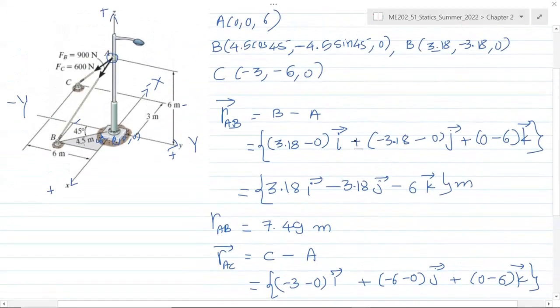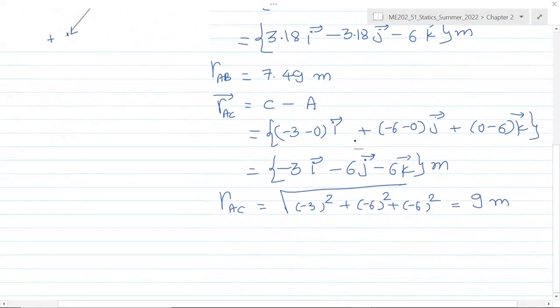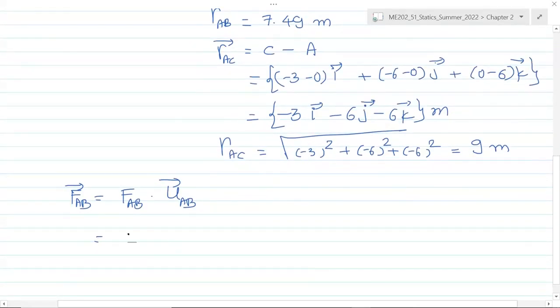Okay, so for both position vectors, we have calculated the magnitudes as well as the Cartesian representation of the vectors. Now it's time to write down the force acting along cable AB. So FAB is equal to the magnitude of that force multiplied by direction. And direction we will write in terms of position vector divided by its magnitude.